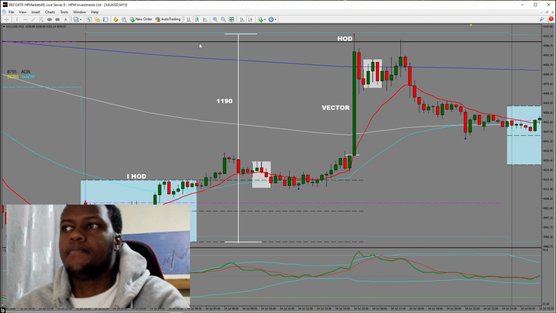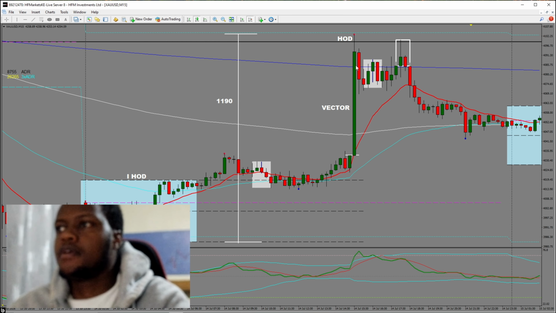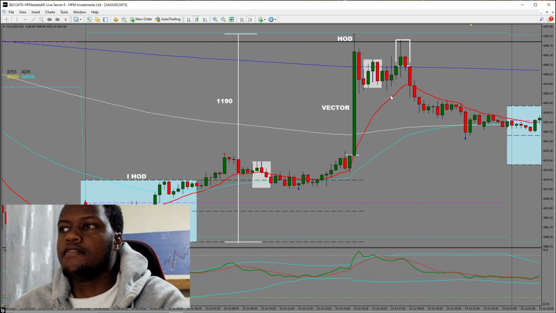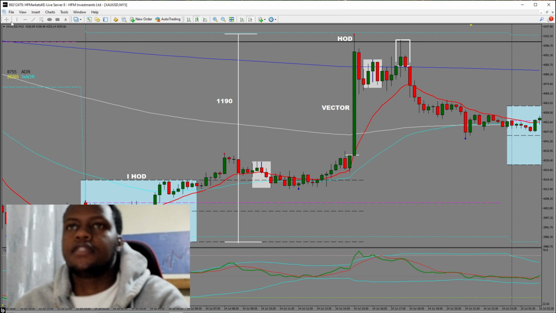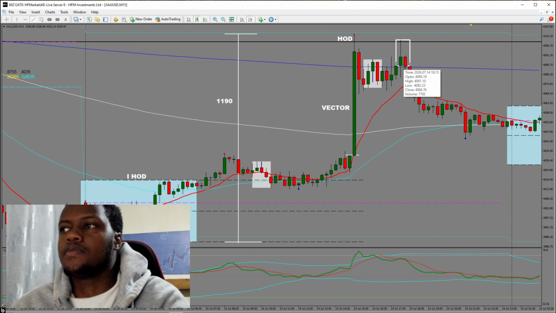That's the high of the day. So in this case, they never give us the below the 13 EMA back above, but they give us a nameable pattern right here with a secondary nameable candle pattern. I would be a bit skeptical with this trade, but still it was a nice one.